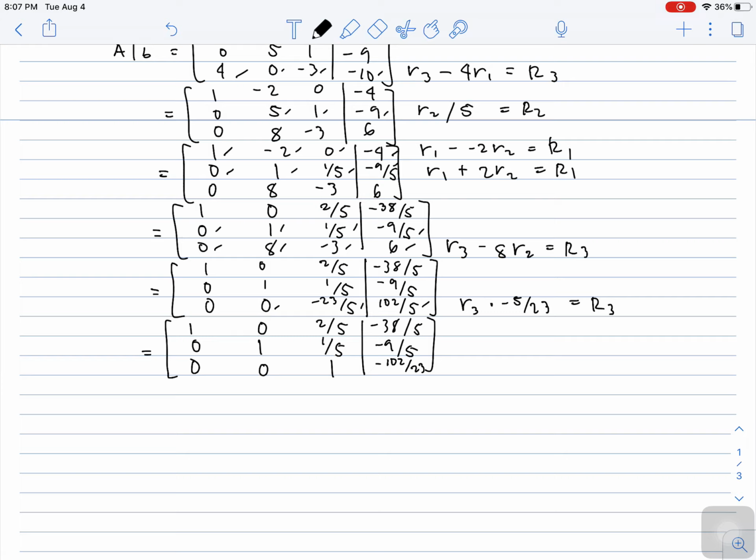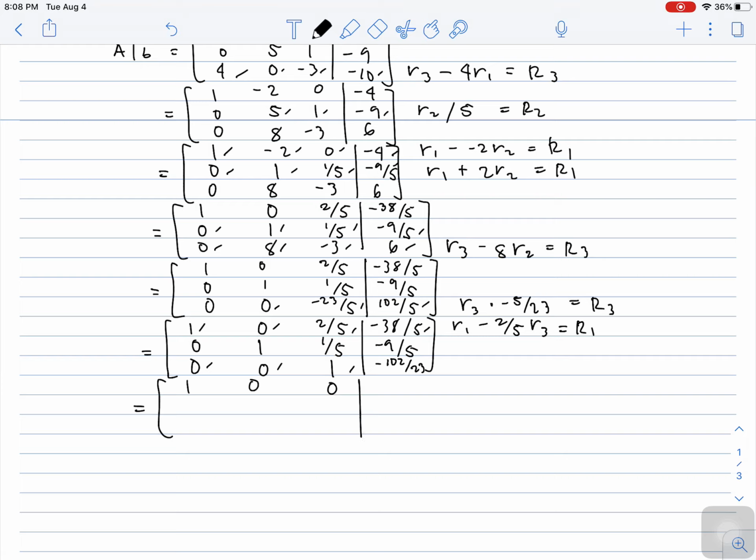Okay. So now we need zeros above the 1 in the third column. Start with the first row minus its value there multiplied by the pivot row, which is r sub 3, equals the new r sub 1. So 1 minus 2 over 5 multiplied by 0 is just 1. 0 minus 2 fifths multiplied by 0 is 0. 2 over 5 minus 2 over 5 multiplied by 1 is 0.